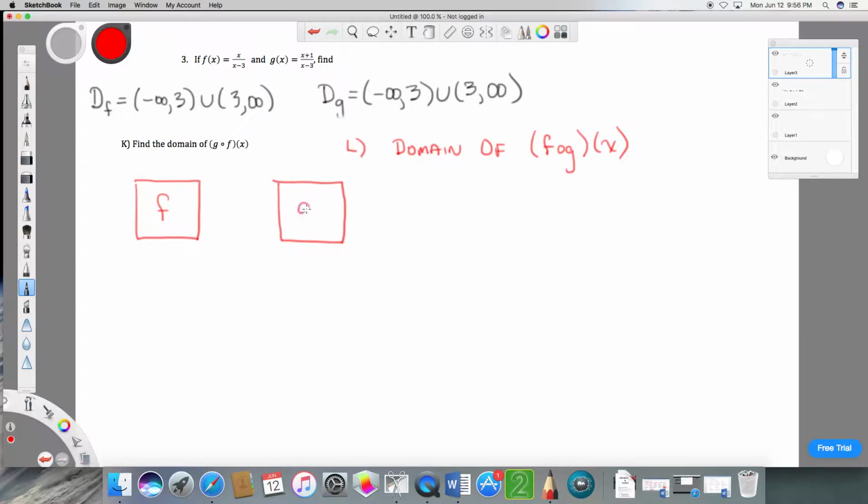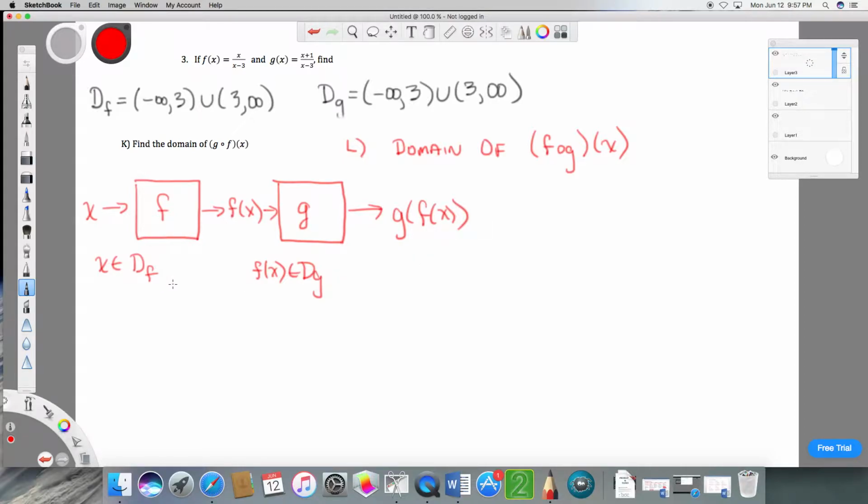Then we apply the function g. So two things have to be true in order to get an output. X has to be in the domain of f, otherwise we would have no output here, f of x. And f of x has to be in the domain of g, or otherwise we wouldn't have an output here.